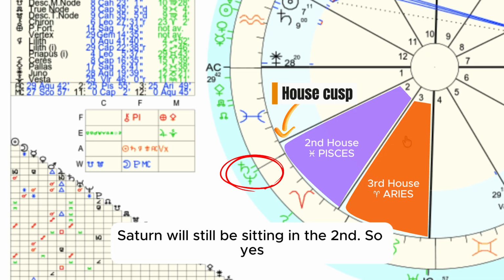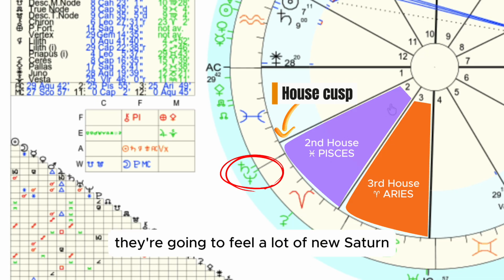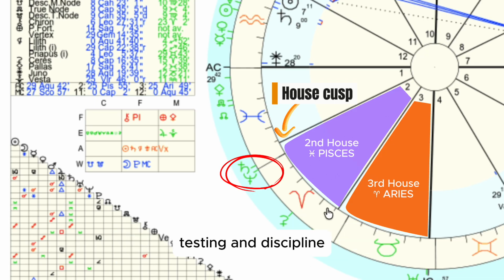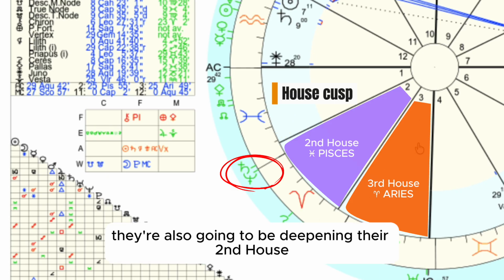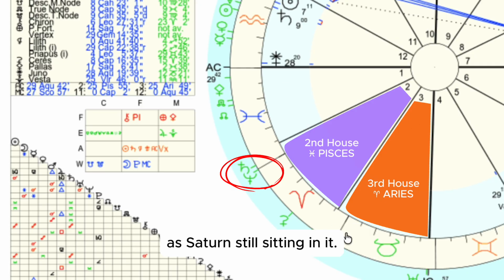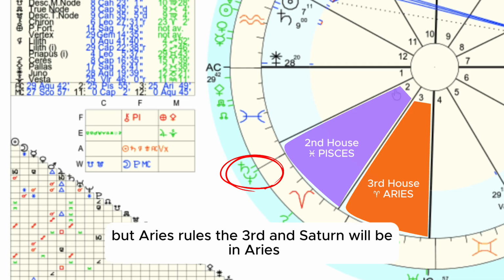So yes, they're going to feel a lot of new Saturn testing and discipline and responsibility energies in that 3rd house. They're also going to be deepening their 2nd house as Saturn's still sitting in it. So, because you can see it sitting in it, but Aries rules the 3rd and Saturn will be in Aries.